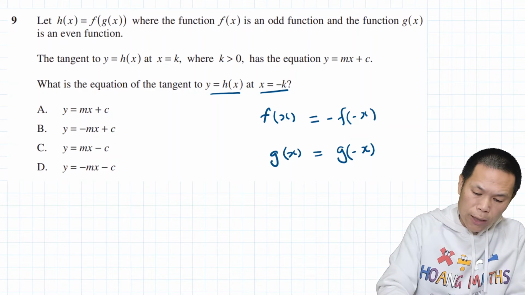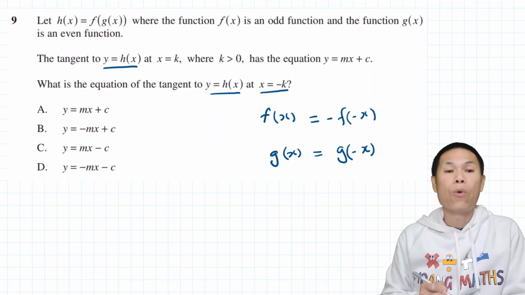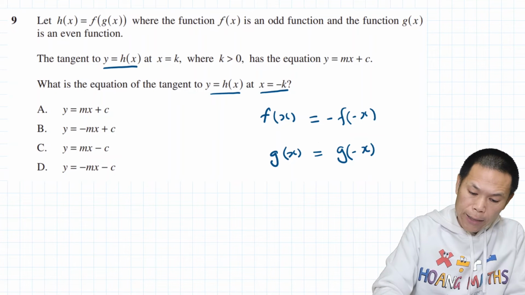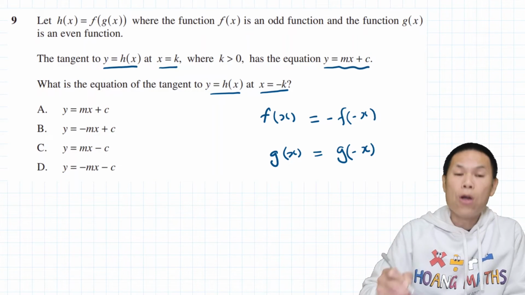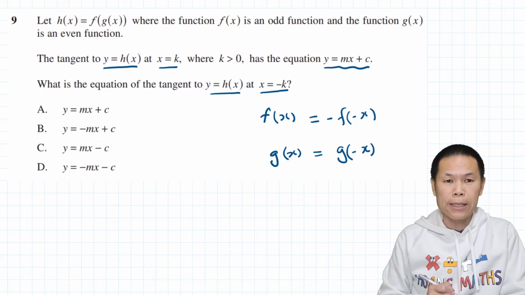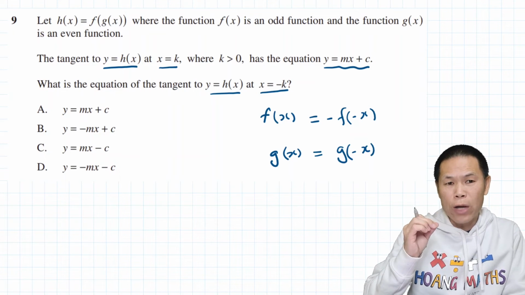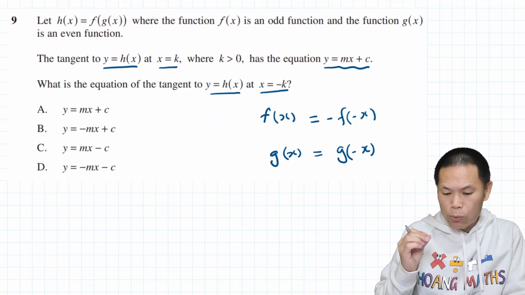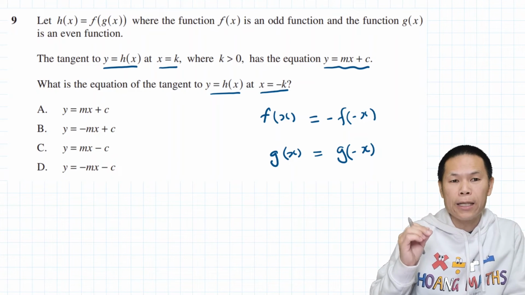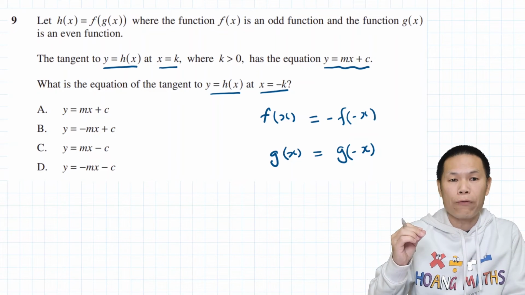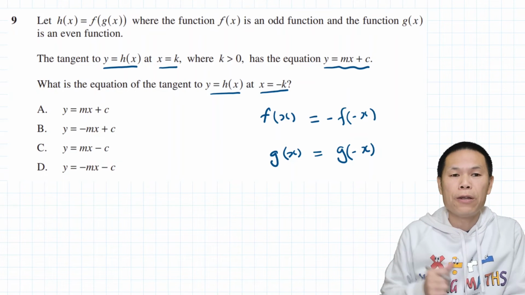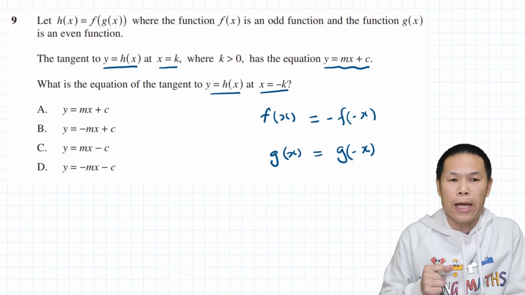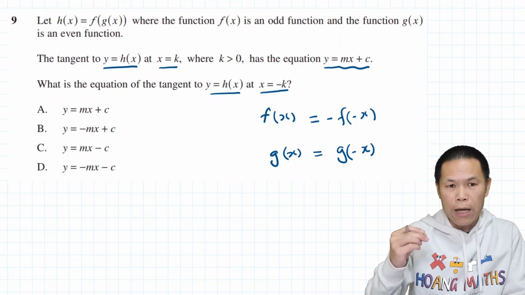And we know that the tangent to y equal h of x at x equal to k has an equation of y equal mx plus c. So this can be very abstract, but the easiest way is we just let f of x be a simple odd function, and let g of x be a simple even function, and we work out from there. Okay, so we can see the behavior of it.